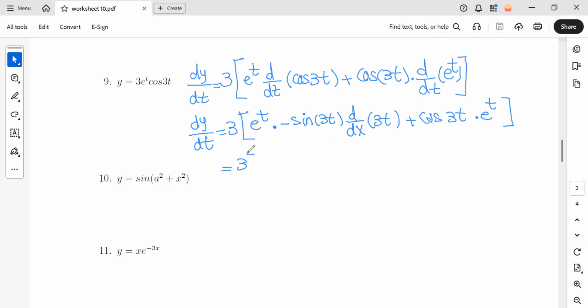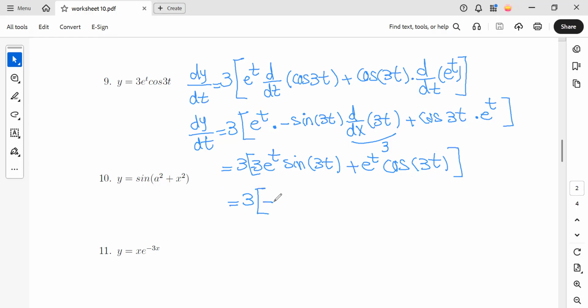So everything remains the same, but instead of this part, we have 3. So 3e to the t, and we can put the negative here, sine of 3t plus e to the t cosine of 3t. And also you can factor out 3. So you can write it as 3 times 3e to the t times negative 3 sine of 3t plus cosine of 3t.